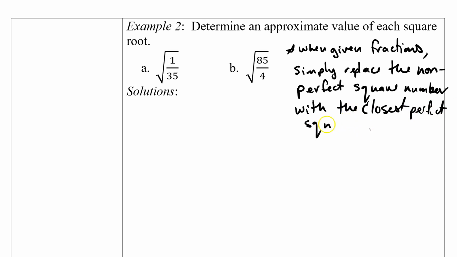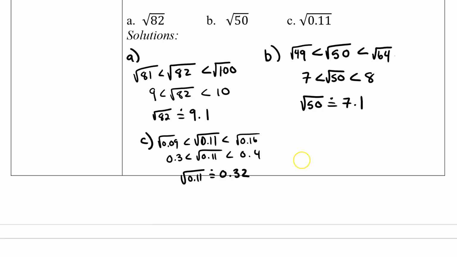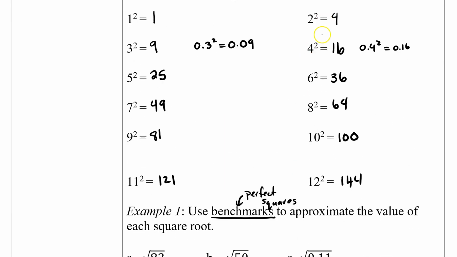So if we were going to go to A, and I find the square root of 1 over 35, I'm just going to split it up a little bit. I'm going to say the square root of 1 divided by the square root of 35. The square root of 1 is just 1, but let's look at our list here. What's the perfect square that's closest?